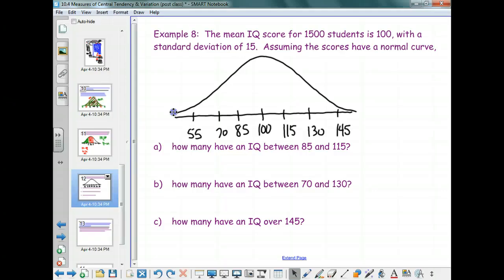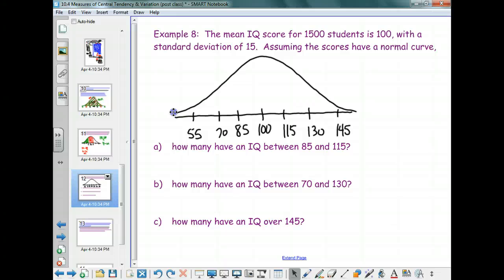It says how many, it does not say what percent. And I still have to find the percent, but I will not be finished when I find the percent. Okay? So we'll encounter that in a second, but I want you to be aware of that. Be sure you're answering the question that's asked. Don't stop too soon. First question says, how many have an IQ between 85 and 115?